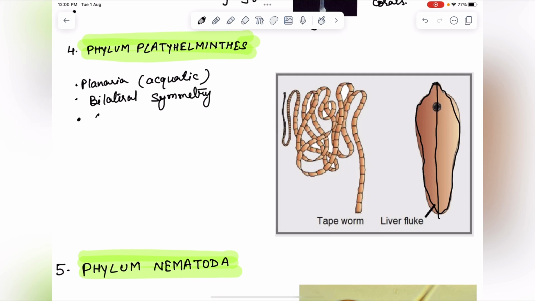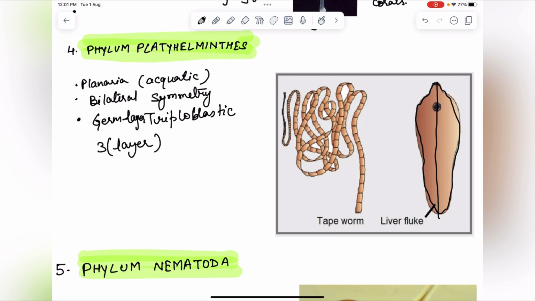Germ layer in this is triploblastic. Means what? 3 germ layers will be present. They are triploblastic animals, which allows outside and inside body linings as well as some organs to be made, and thus tissue organ grade of body organization is present. These organisms are unsegmented and dorsoventrally flattened. The body cavity is absent.